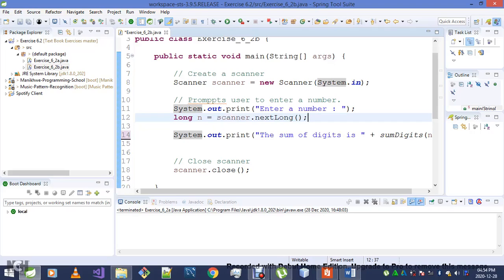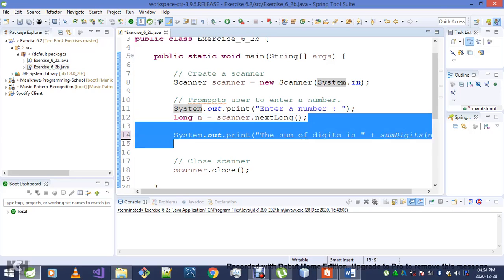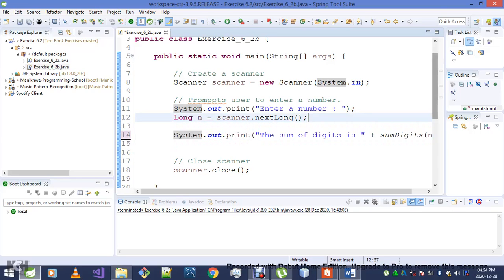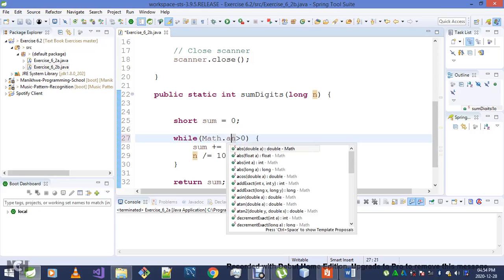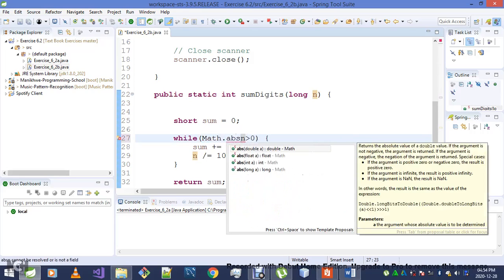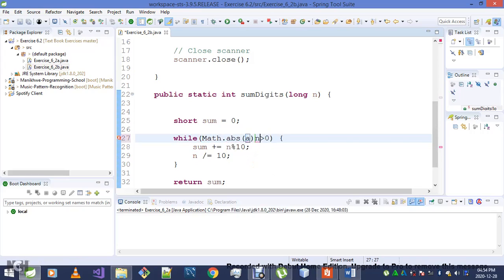Okay, we do need that. Okay. We could simply use method abs, the absolute value of n as opposed to n, and then we do that. Still we good.